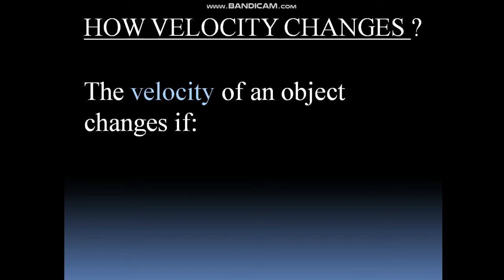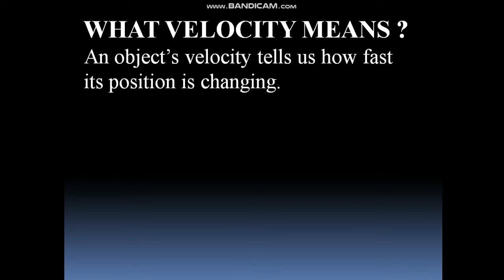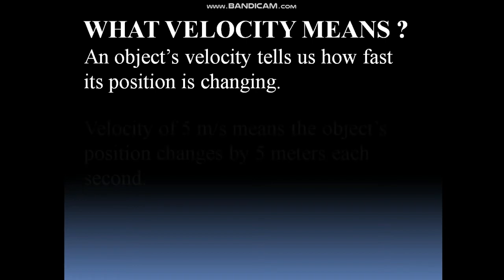Now, how does velocity change? The velocity of an object, remember, changes if it speeds up, or it slows down, or it changes direction. Now, let's see what velocity means. An object's velocity tells us how fast its position is changing.